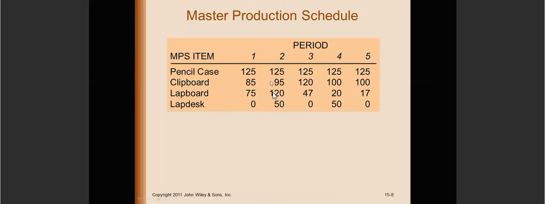So we can assume that the finished goods, the finished product here, have a continuous demand. But the components used in the assembly process to produce the lap desk have a characteristic of discrete demand.